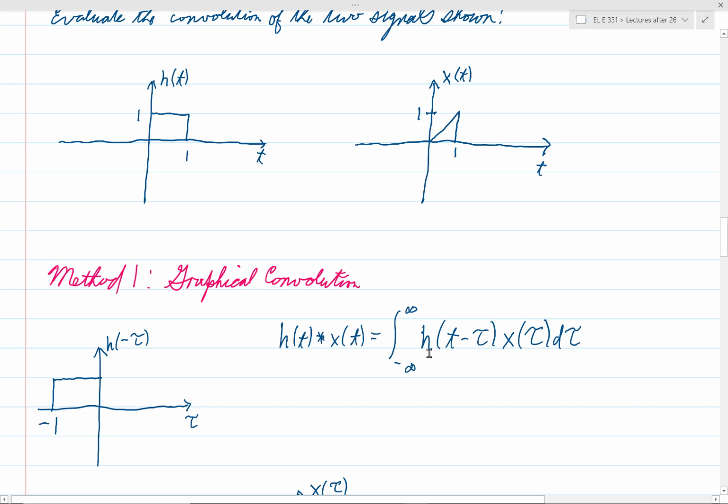And so down here, I chose this form for the convolution integral. This form associates the more complicated argument with the simpler function. Remember, the other option we could have chosen would have been the integral from negative infinity to infinity of h of tau x of t minus tau d tau. Then the more complicated argument would have been associated with this function, but I prefer to go this way.